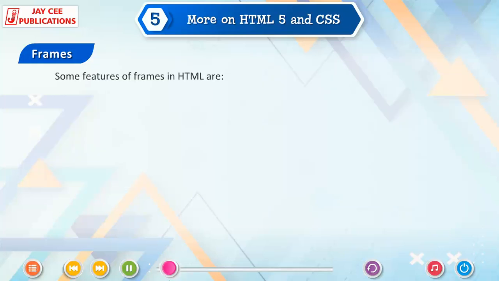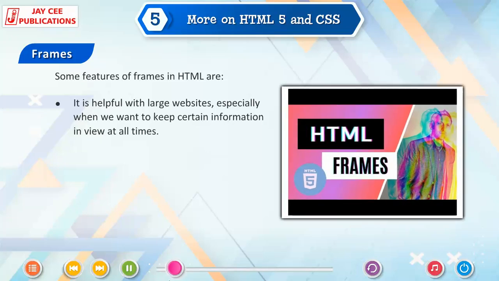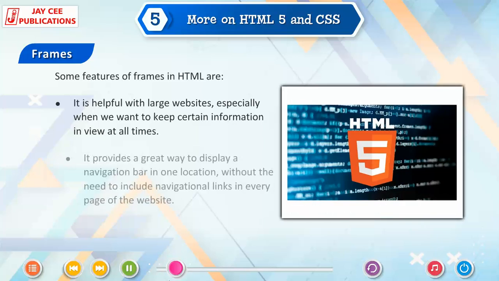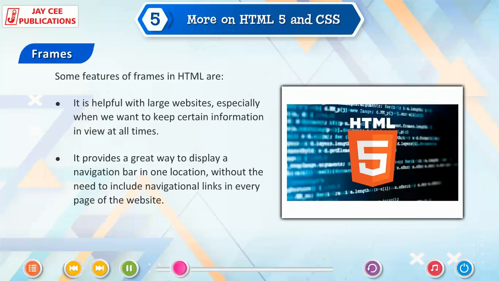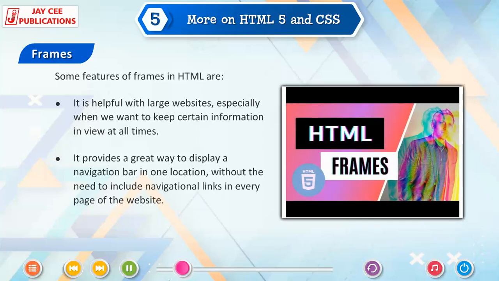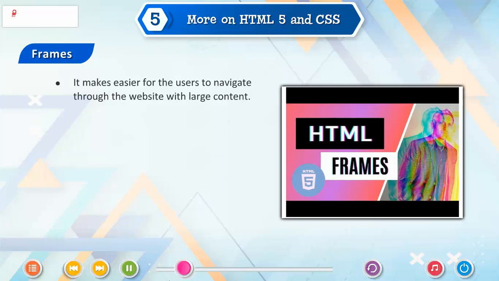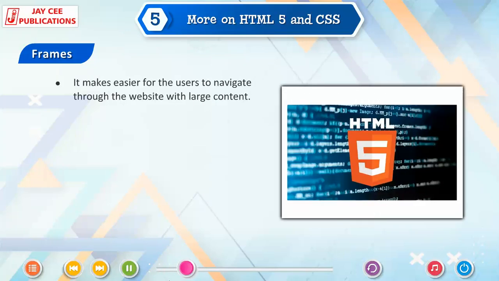Some features of frames in HTML are: it is helpful with large websites, especially when we want to keep certain information in view at all times. It provides a great way to display a navigation bar in one location without the need to include navigational links in every page of the website. It makes it easier for users to navigate through a website with large content.